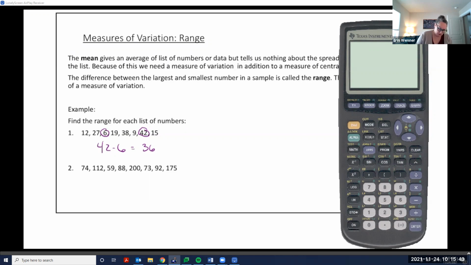Our highest number is 200. Our lowest number is 59. So 200 minus 59 equals 141. So that's just the range.